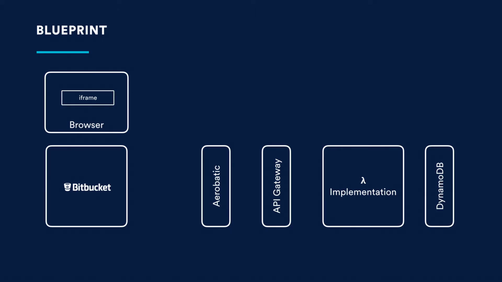Here's a quick overview of how that's implemented. Whenever I push to Bitbucket, it triggers a webhook that goes through Aerobatic, through API Gateway to my Lambda implementation, and I can record that commit. I just increase a counter for that particular repository and for that particular day. You might wonder why this is going through Aerobatic. I'm going to solve that question in a second.